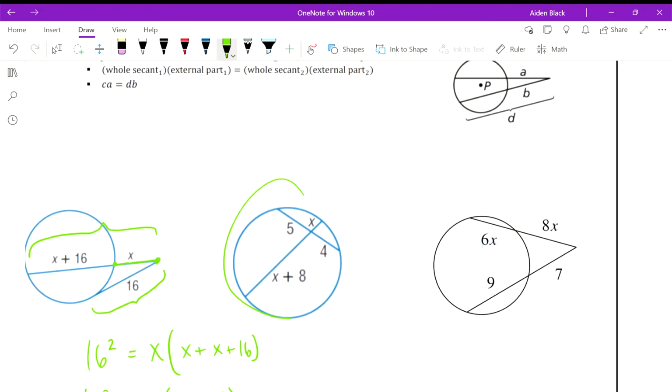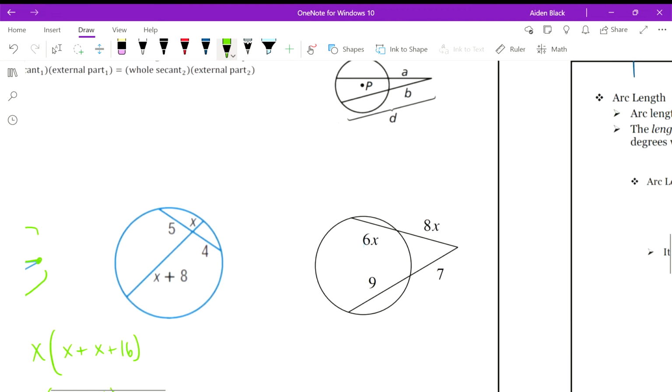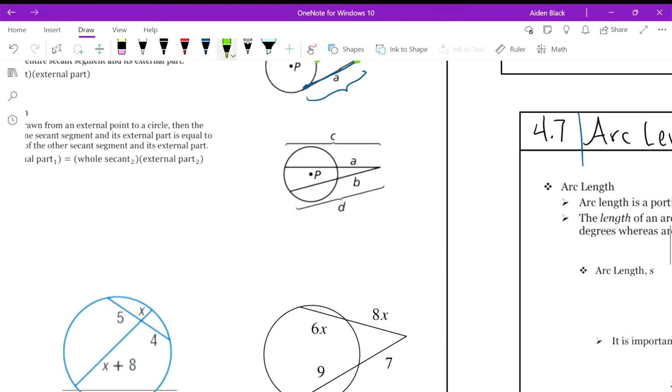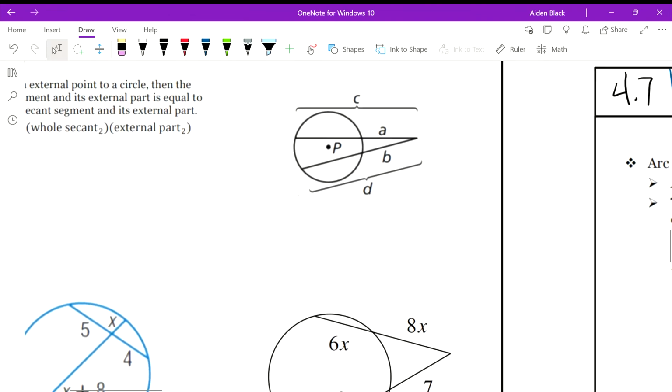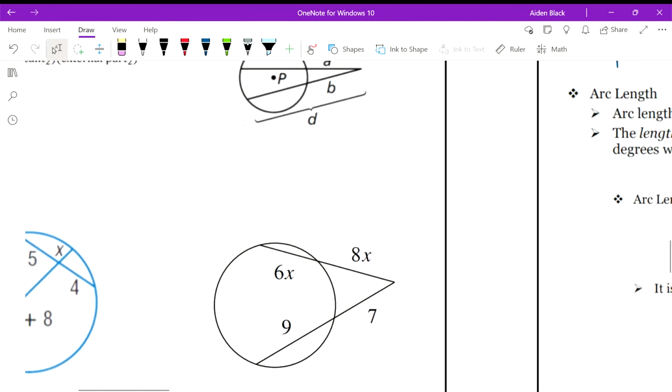Here's another chord problem, but I wanted to show you guys that the secant is very much like the tangent secant. The only difference is you do what you do for the secant for both line segments.